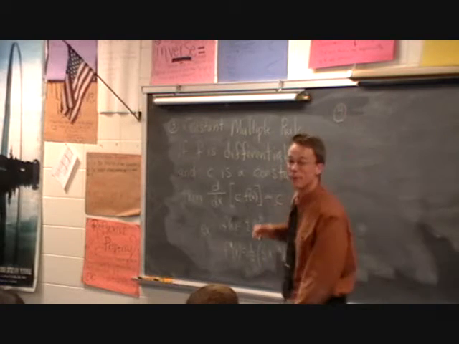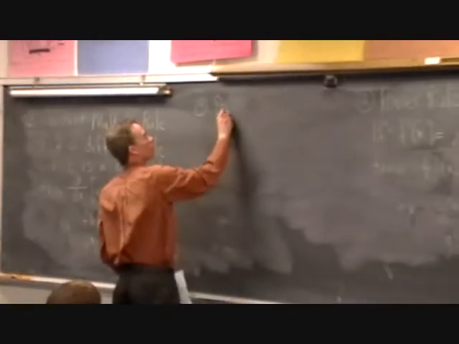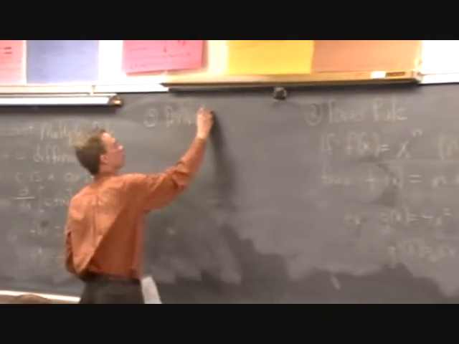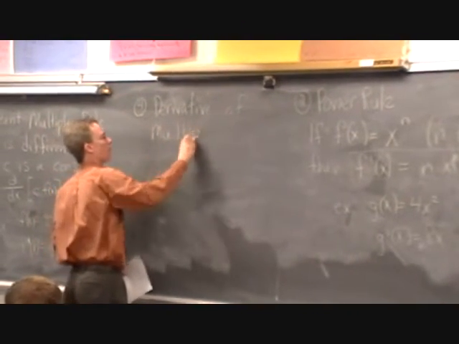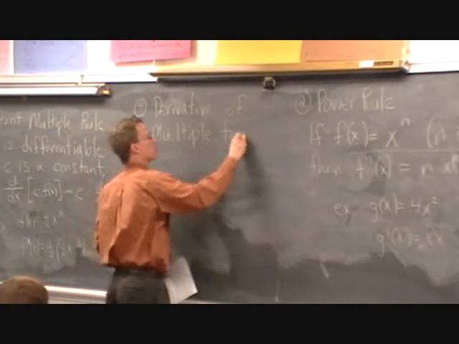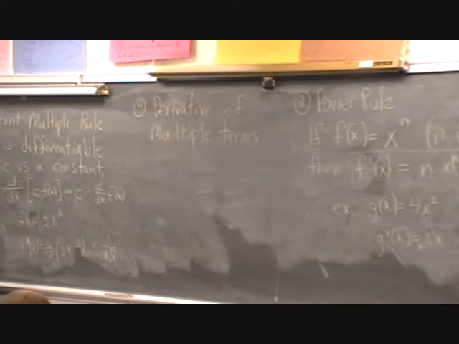Let's do a derivative of multiple terms. If you've got a polynomial, so far we've just been dealing with, oh, look at this cute little one-term function. Let's take its derivative. Oh, look at it, it's a one-term answer.